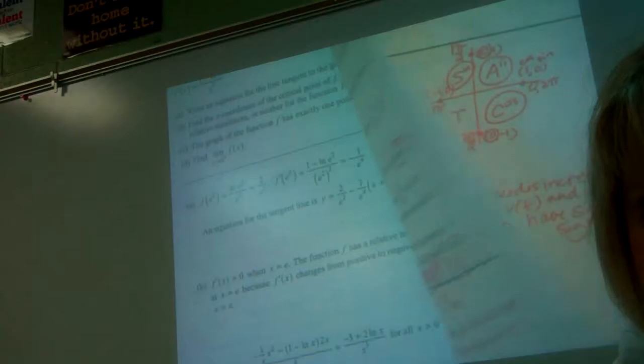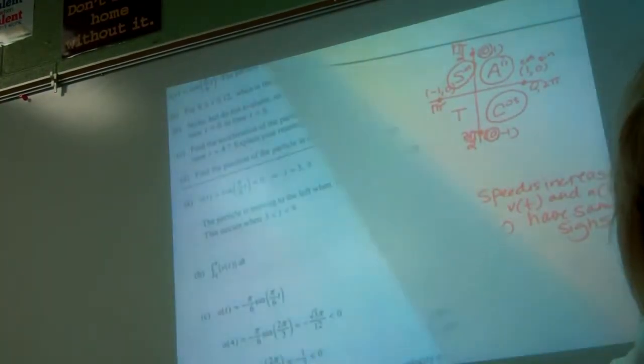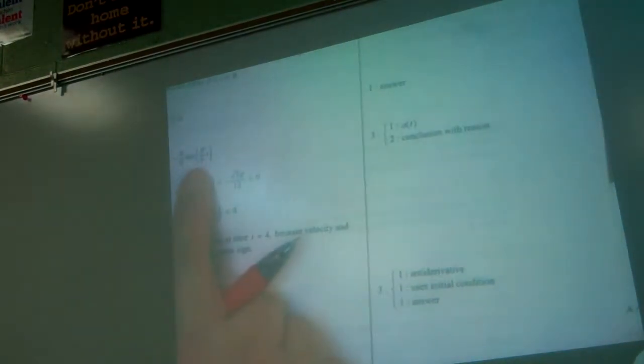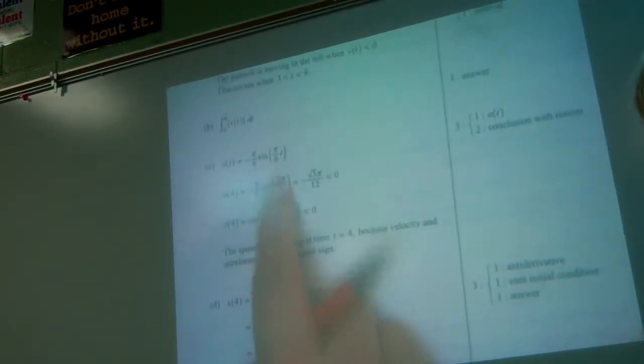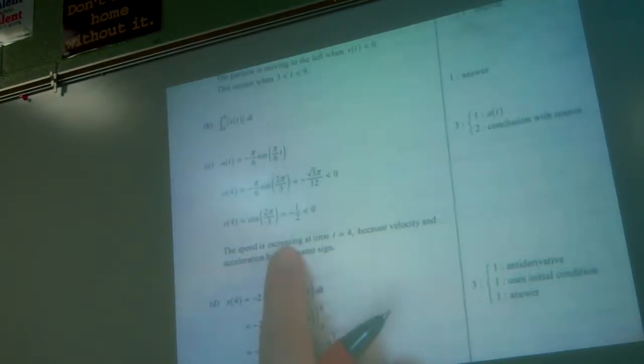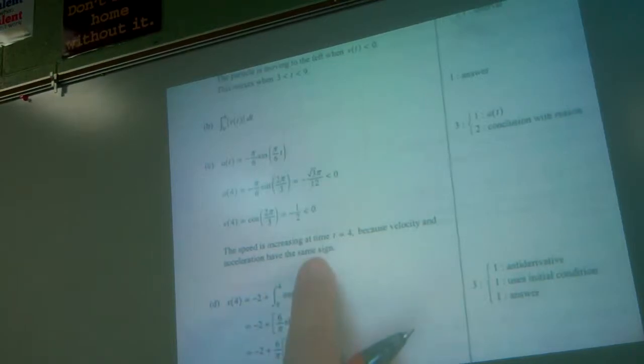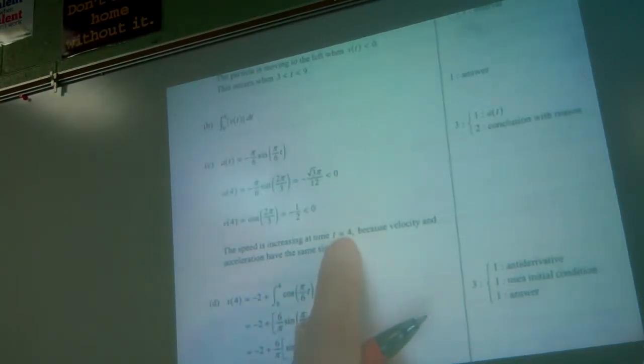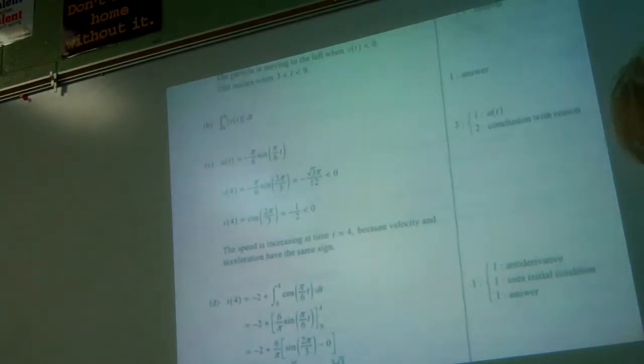That was worth 3 points. 1 point for finding the acceleration equation, and then 2 points for determining that the speed was increasing because they have the same sign. So I think you would get 1 point if you just said it was increasing, and 2 points if you included your reason.